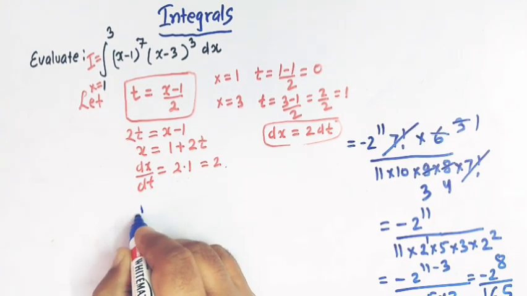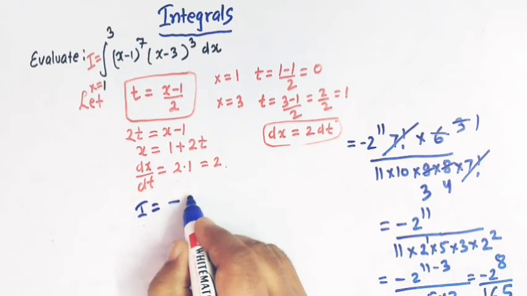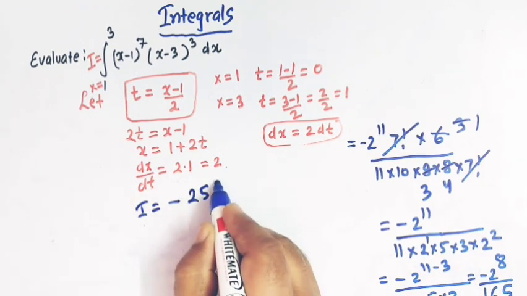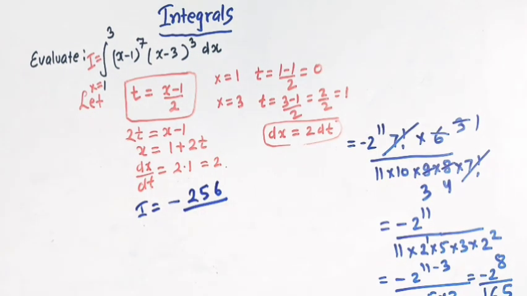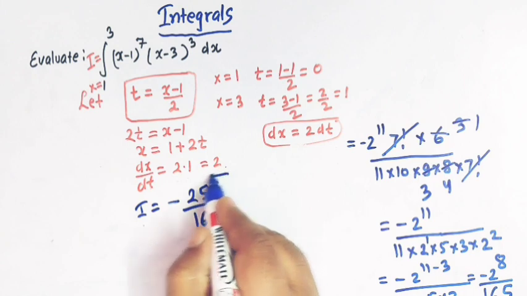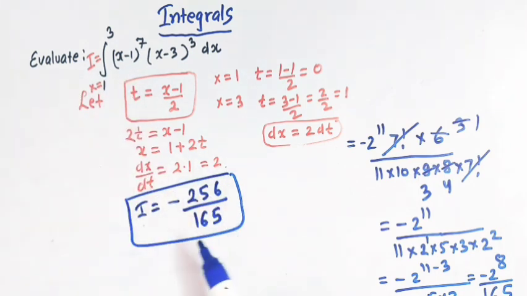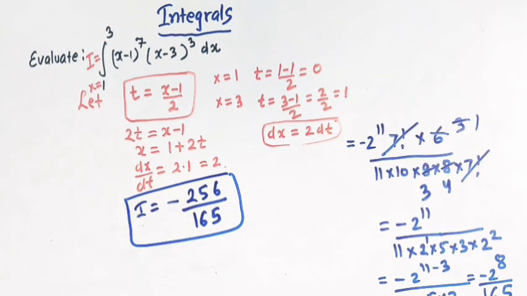So now the value of this integral I is equal to minus 2 raised to 8, which is 256, over 165, right? So viewers, the value of this integral is equal to minus 256 divided by 165.